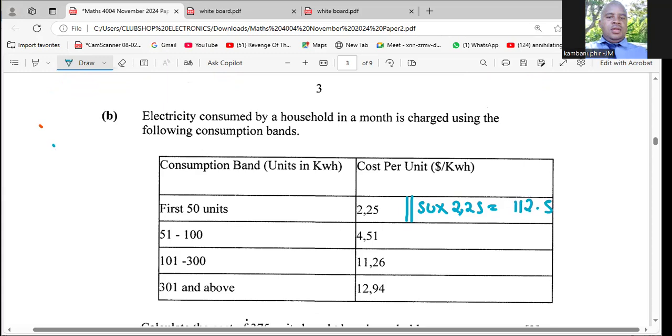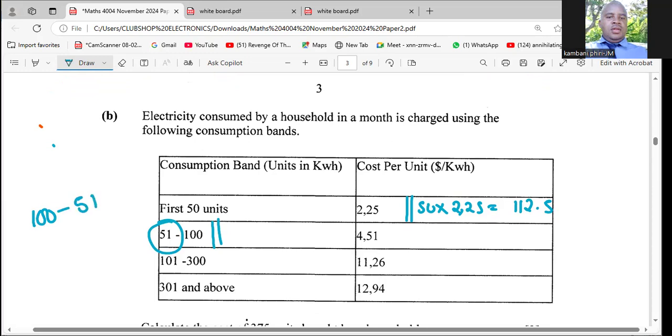Then the next 50. So here, what does it mean? So since you're starting to count from 51, we include the 1. In other words, you can say it's 100 minus 51.